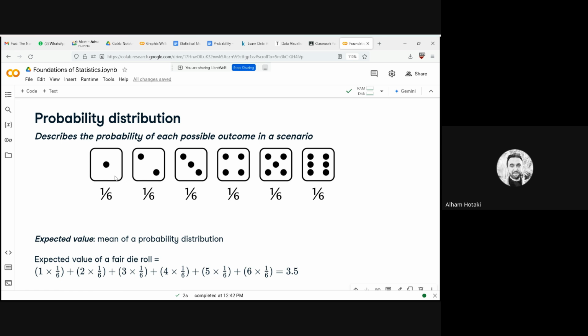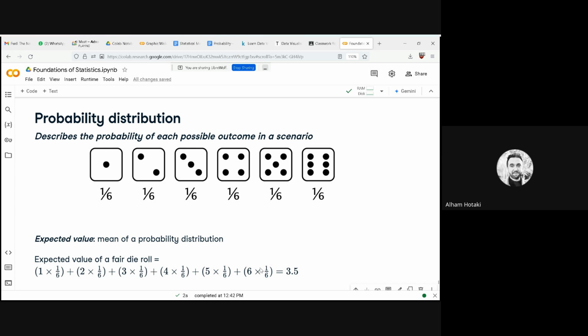So if you roll a die, what will happen? In the first scenario, the probability is 1 by 6, yeah? In the second round, it is 2 multiplied by 1 by 6.